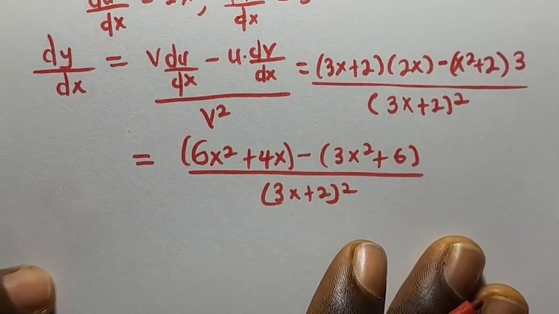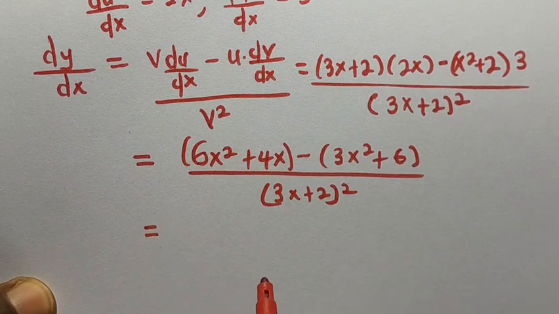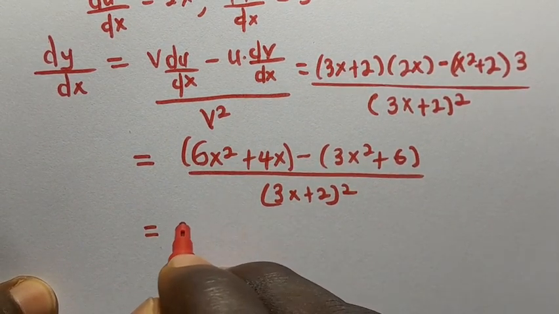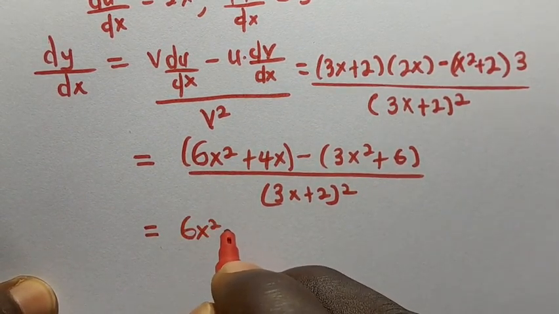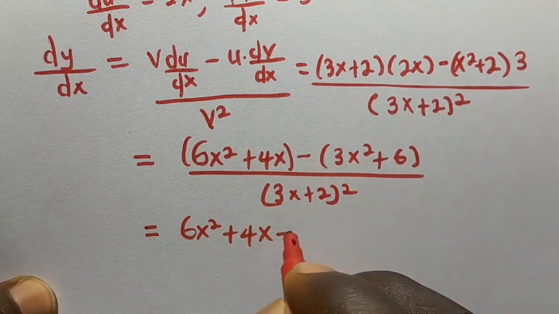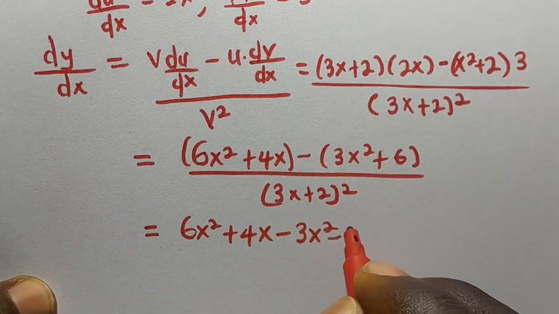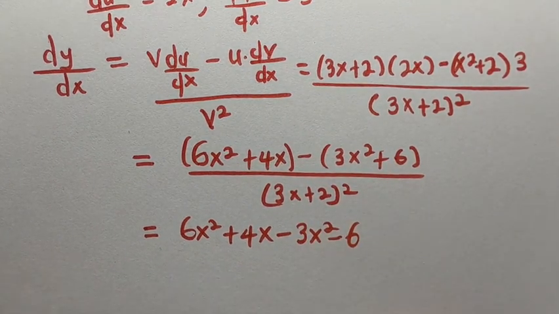And so by opening the bracket, we have 6x squared plus 4x, this will now be minus 3x squared, then this one will now be minus 6.